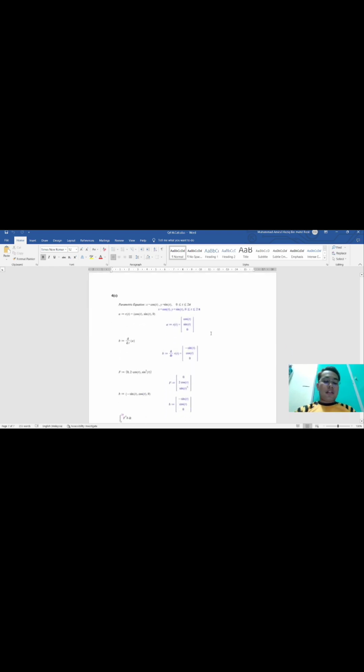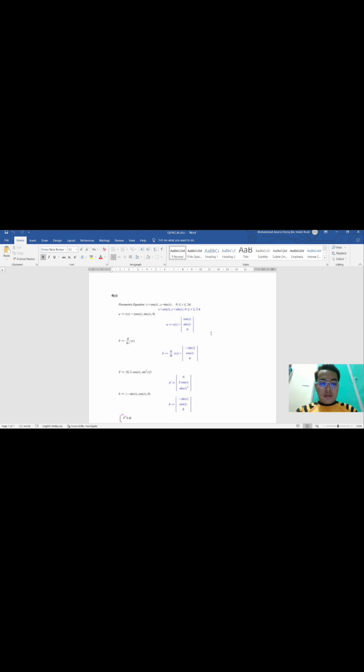And for the last, which is 4c, the equation given is a parametric equation: x equals cos t, y equals sin t, with 0 less than or equal to t less than or equal to 2 pi.